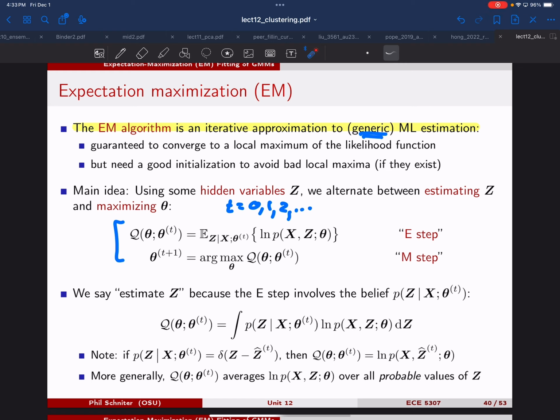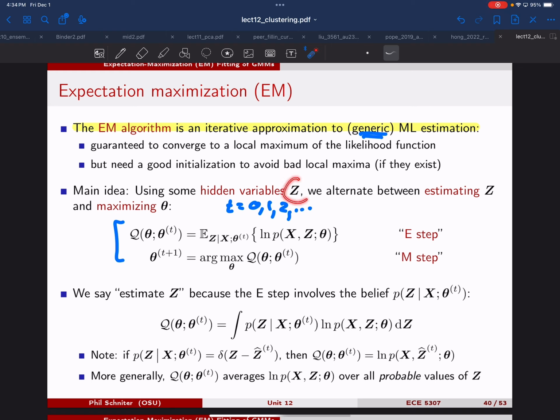There's this conditional expectation of this quantity, and what you do here is you compute this function called Q. Then in the second step, you maximize that function over theta. What are these theta t's? This is your best guess of theta at iteration t. So in the second step, you update your guess, and in the first step, you use your previous guess to compute this Q function.